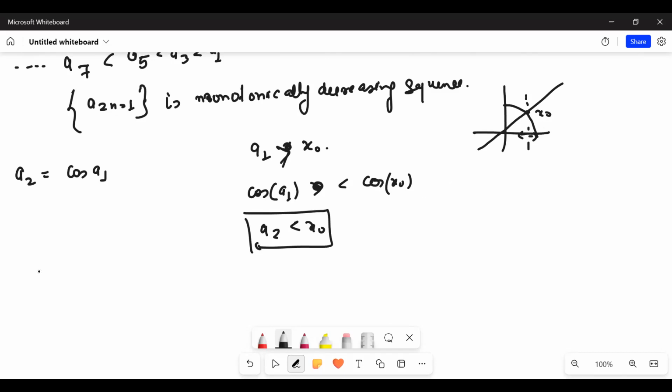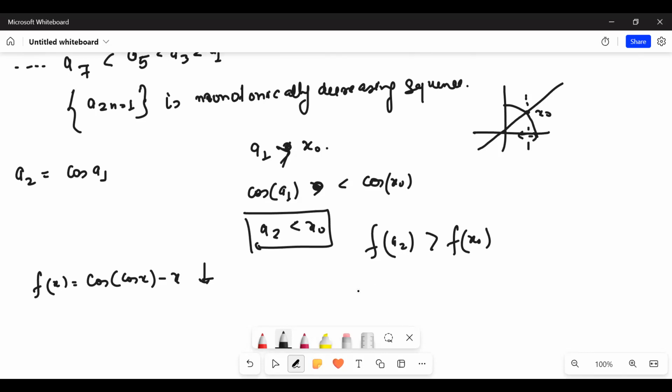Now we know that f of x is equal to cos of x minus x, and this is a decreasing function. Apply on both sides. So f of a2 would be greater than f of x naught. Why greater? Because f is a decreasing function, and a2 is less than x naught, so f of a2 becomes greater than f of x naught.